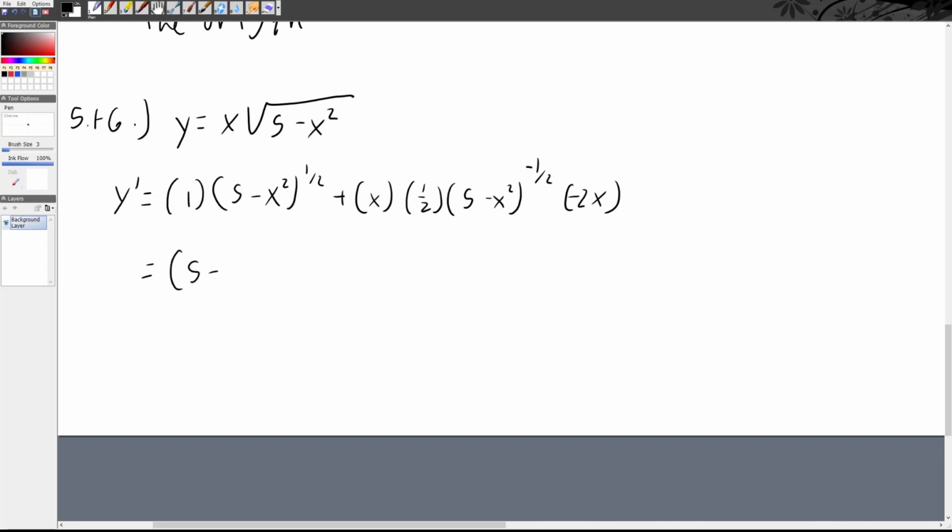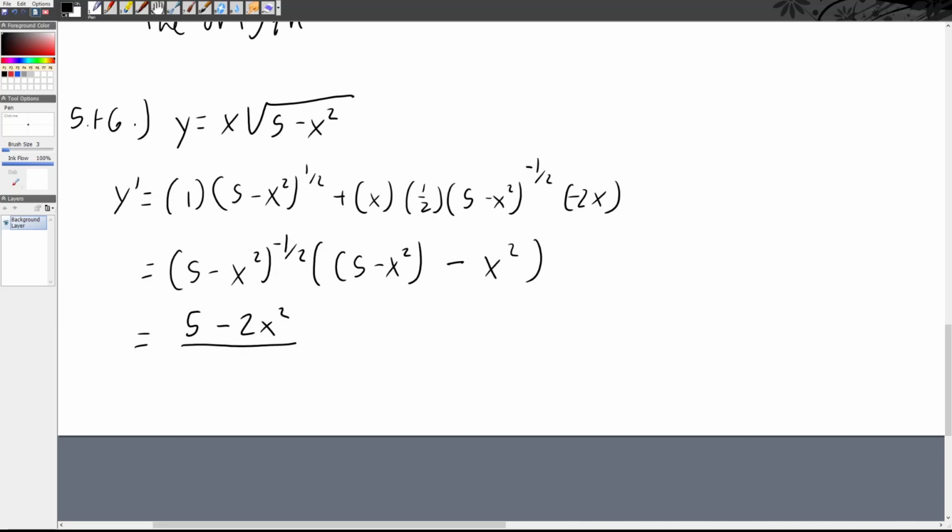Let me pull out a 5 minus x squared to the negative 1/2. The first term becomes just 5 minus x squared. The second term becomes negative x squared. We simplify. On top we have 5 minus 2x squared. On the bottom we have 5 minus x squared to the 1/2.